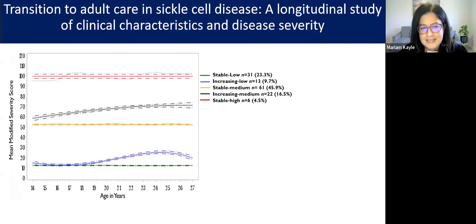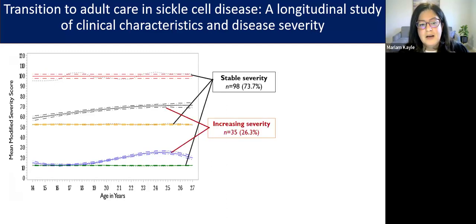What you can see here is there are 3 groups, the green, yellow, and red, that seem to have low, medium, and high severity, but that severity does not change much over time. And then there are 2 groups, the black and the blue, small numbers, but they seem to have increasing severity over time. So, again, in retrospect, given the small sample size, I should have selected a 2-group model instead of 5.